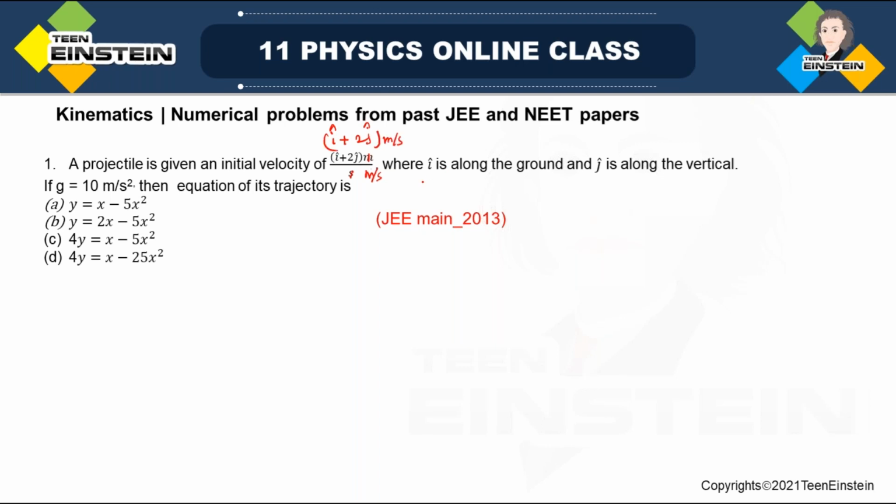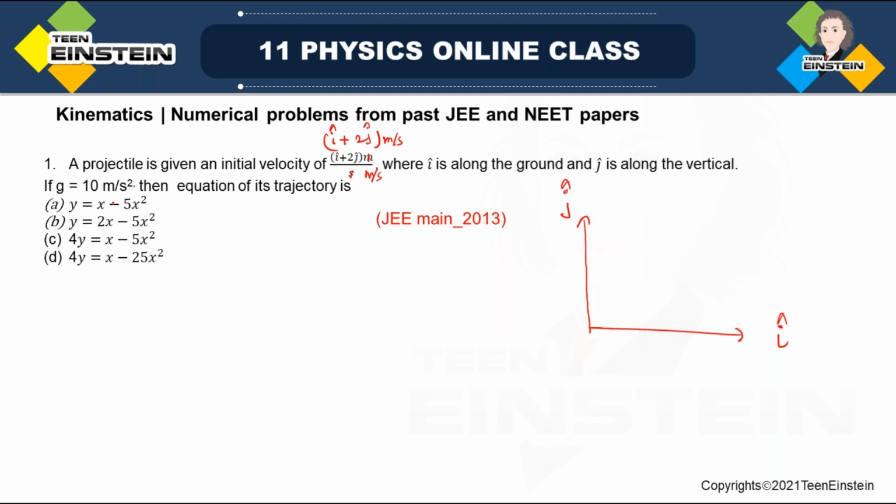So this velocity is given to a projectile, where i cap, we know, is along the ground. It is like this. Okay, this i cap along the x-axis and j cap along the vertical direction that we generally take as the y direction.